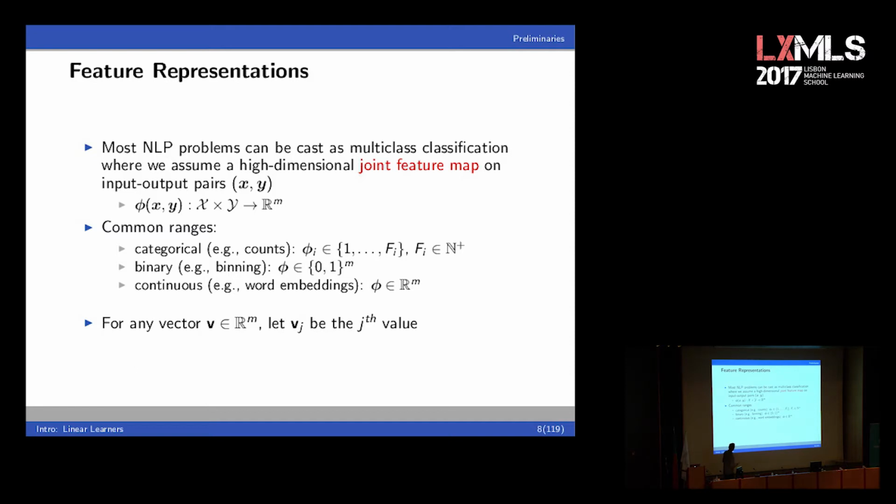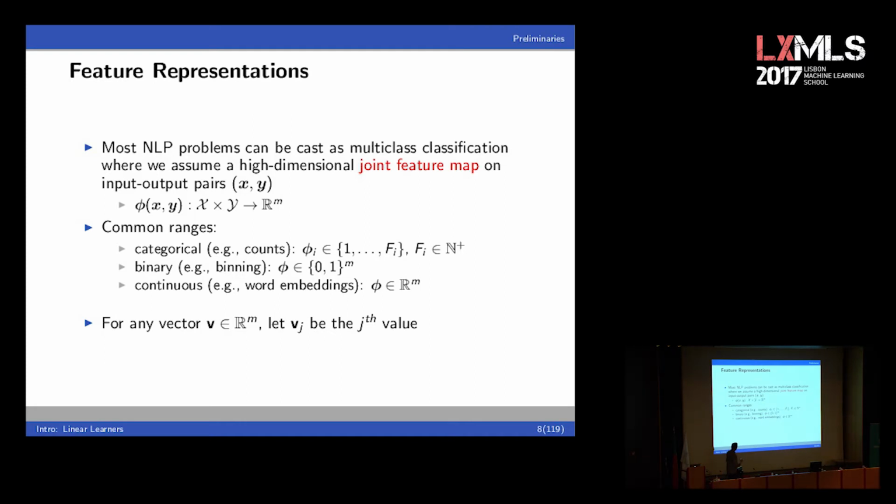So for example, for translations, you always have to look at the source and the target at the same time, right? Otherwise, it doesn't make a lot of sense to have a feature representation just on inputs. You want to know what is the translation a translation of, right?